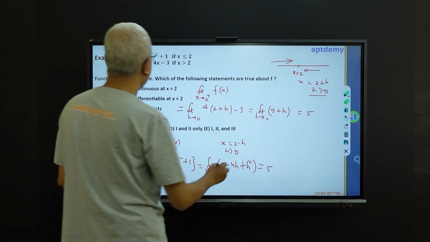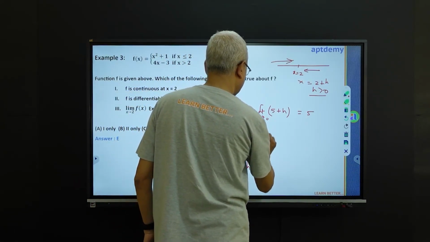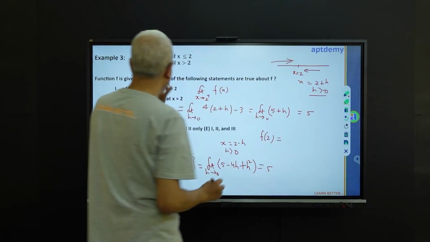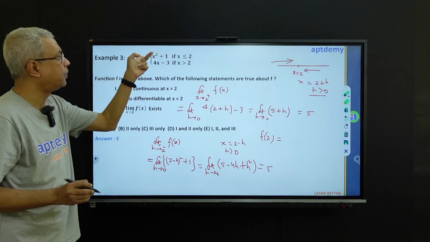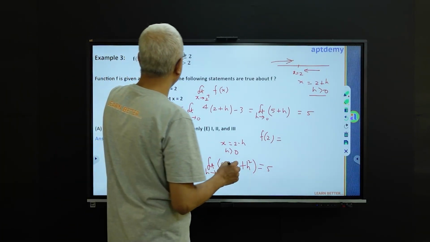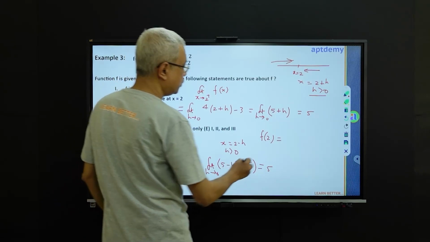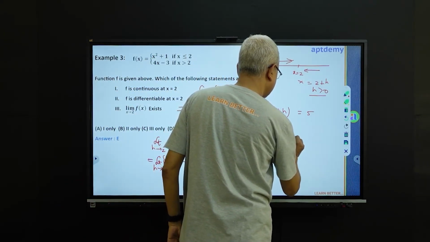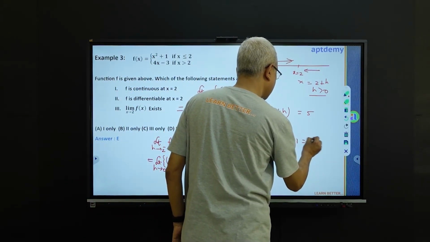And f(2). While evaluating f(2) we should definitely consider the upper one, which is valid for x equal to 2 also. So it is 2 square plus 1 is 5.